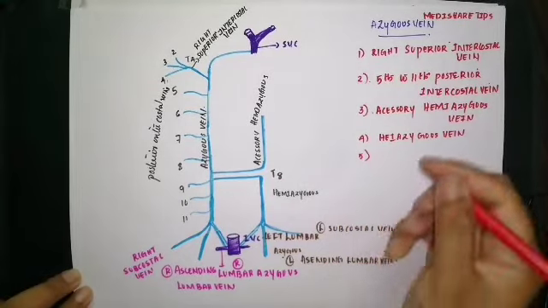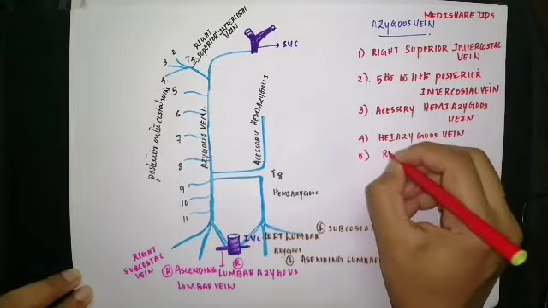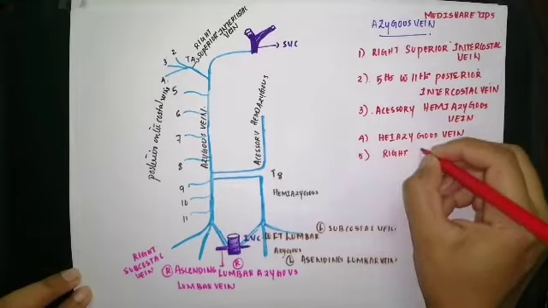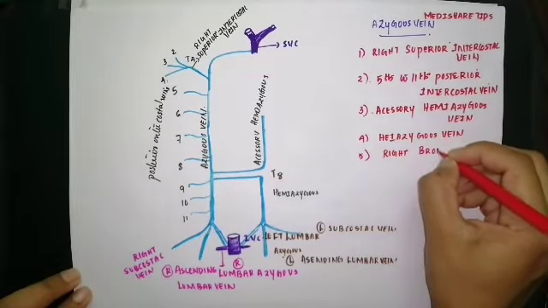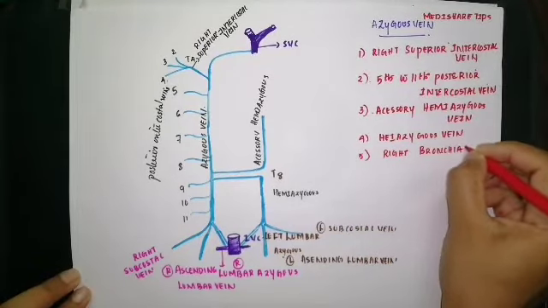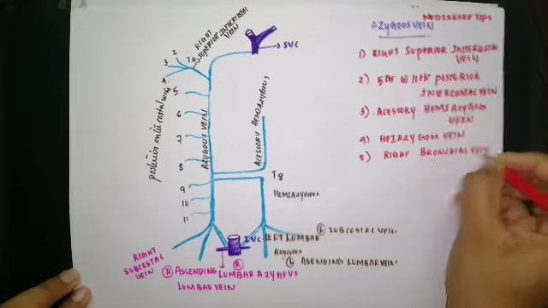The last tributary is the right bronchial vein.